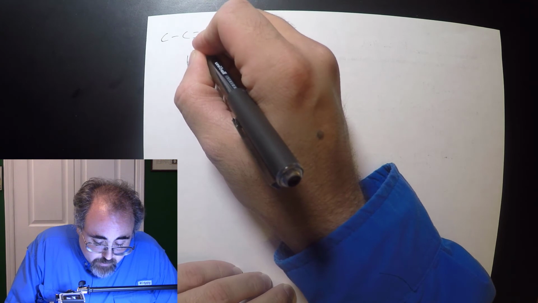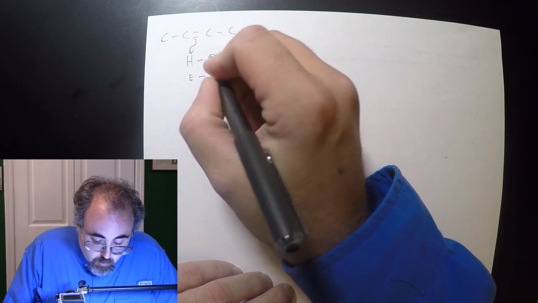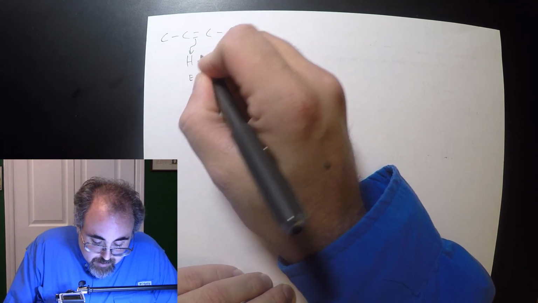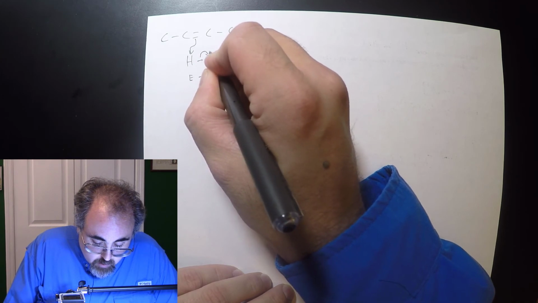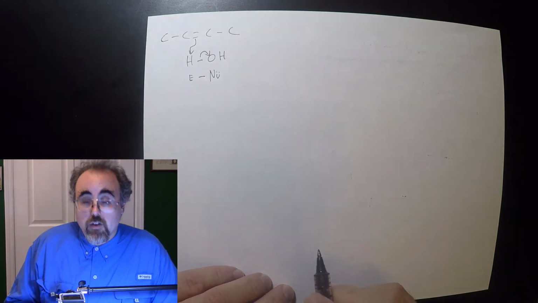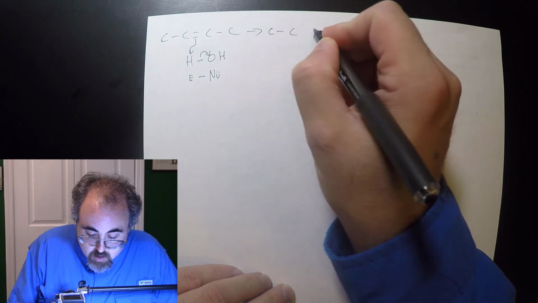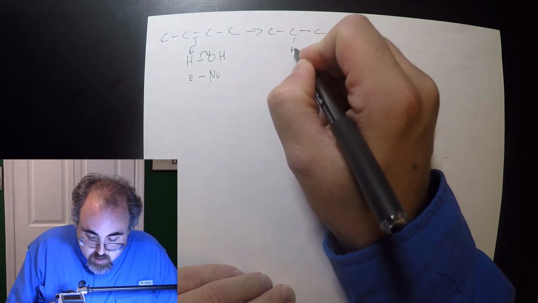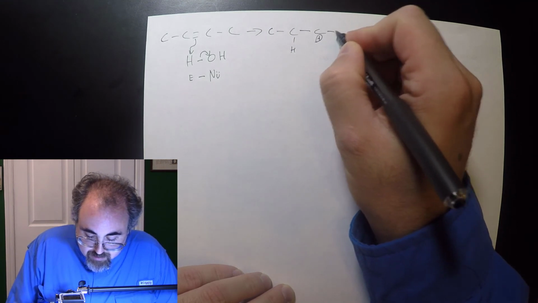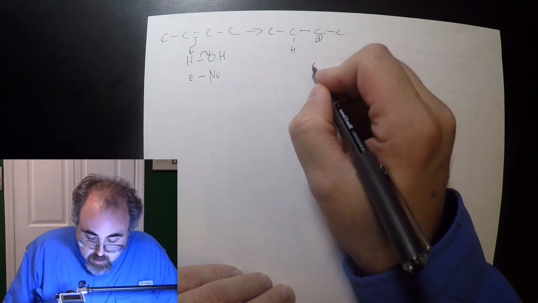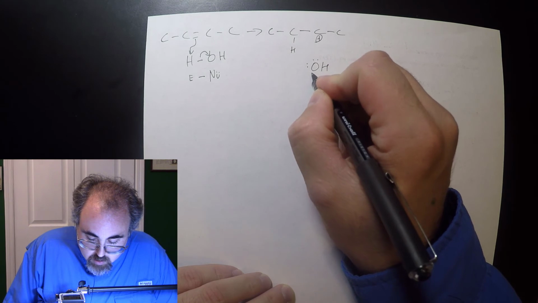Okay, so the attack starts. One of the bonds from the double bond attacks the H. The electrons from the H-OH bond go to the OH. And then we get ourselves our intermediate, which, as the other ones, is a carbocation. And we have our OH minus hanging out over here.